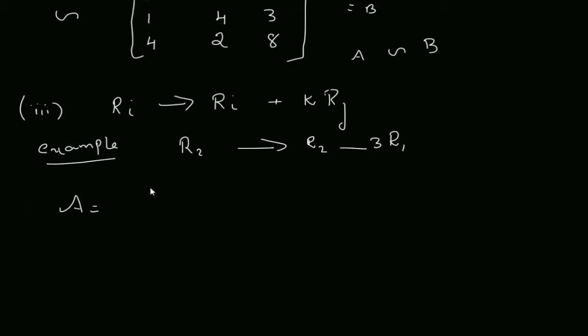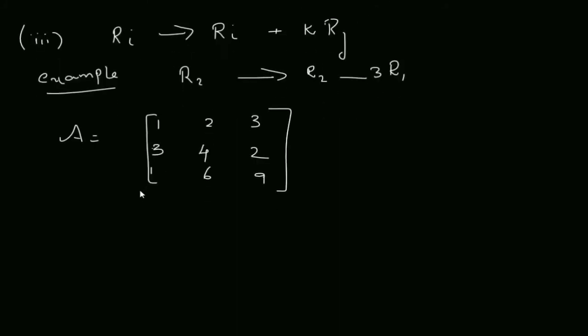So second row is second row plus a constant times the first row. That's what I am going to do here. The second row is changed to second row minus 3 times the first row. That constant K is minus 3 here. i is the second row, Ri is R2. j is the first row we are going to take.